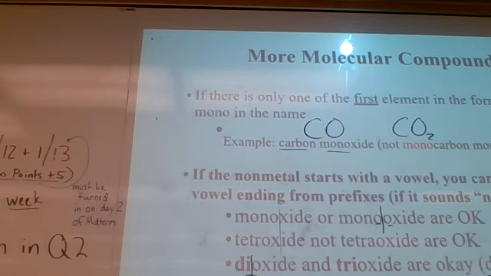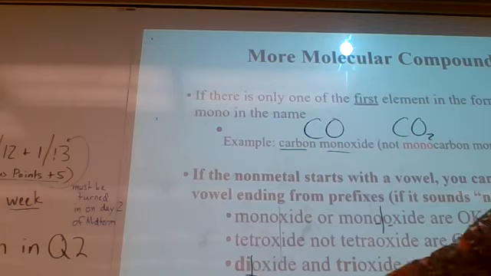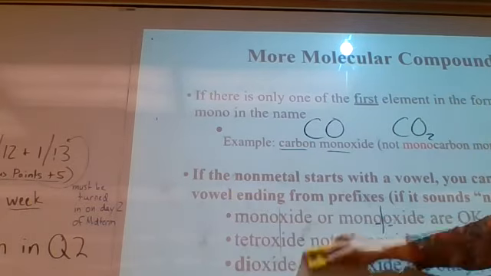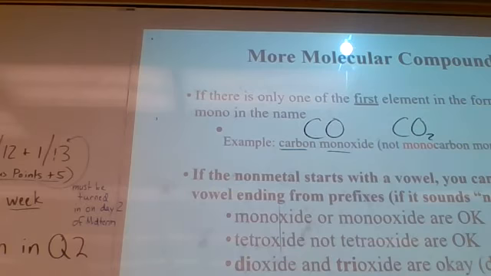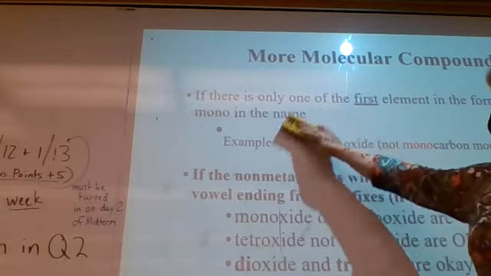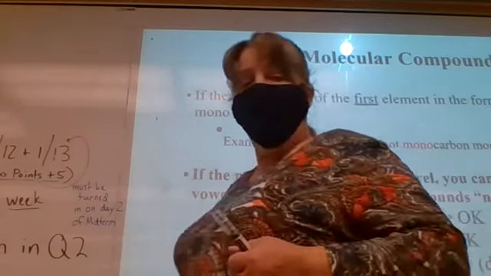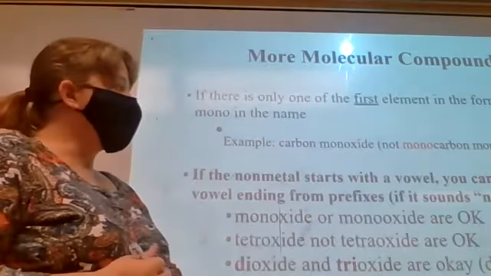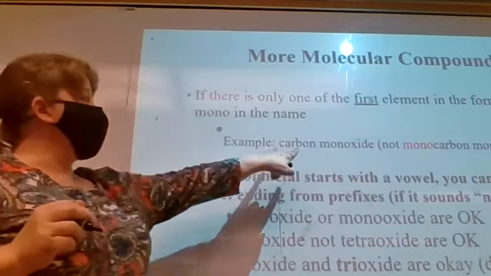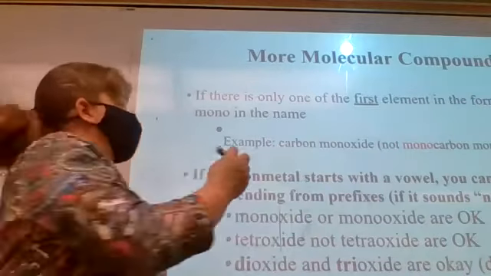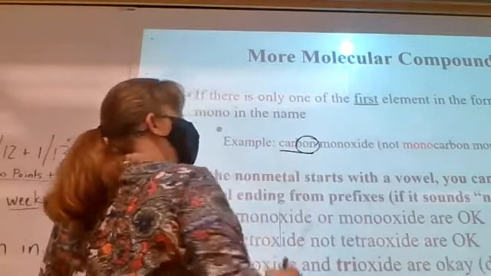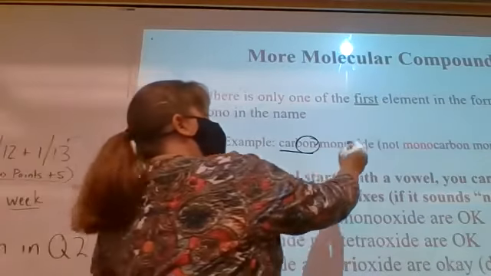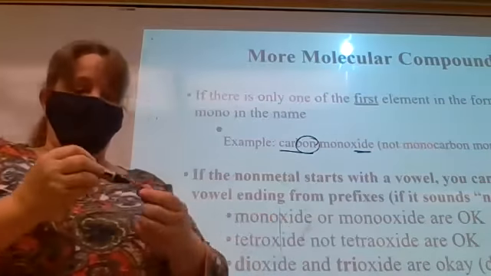I used to really harp on this, but honestly, it's really not a big deal, so I will not mark it wrong if you leave the double vowels in, so just keep them there. All right, so now you will also notice that the name of the first element does not change. We don't change the ending, only the ending of the second one.